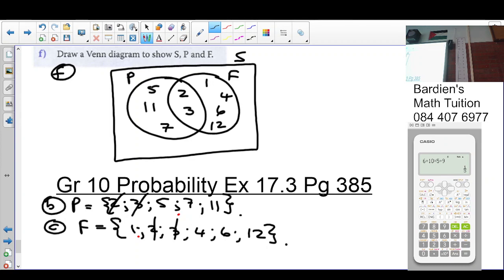Now let's see what is not accounted for. Remember, the sample space is numbers 1 to 12. So we got 1, 2, 3, 4, 5, 6, 7. 8 is not accounted for. 9 and 10 are not accounted for. 11 and 12 are accounted.